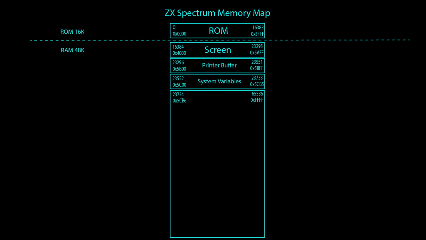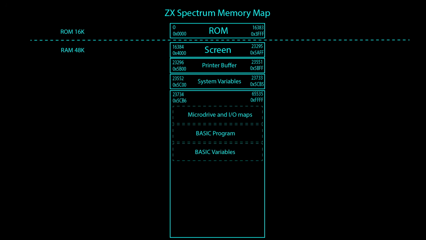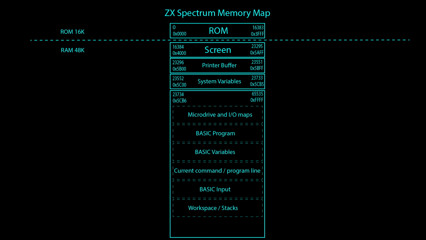But in this space, we'll potentially find some areas reserved for microdrives and input-output devices, any BASIC program that's currently in the machine, any variables created while the BASIC program is running, any BASIC command that's being entered or a copy of any BASIC program line that's currently being edited, any data being used for input in a BASIC program, and then a whole bunch of temporary structures which get larger or smaller as a BASIC program is running.